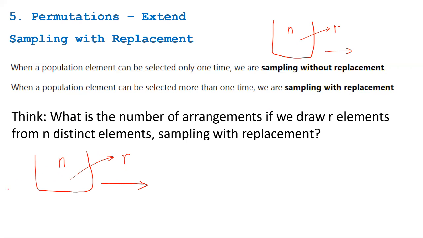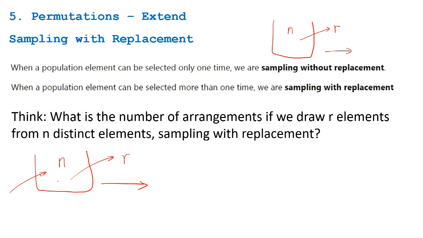Or you can treat it as, for each pick, when we finish the pick, we add the same element back into the original container. So that means the container always contains n different elements, right? So this case is called sampling with replacement.